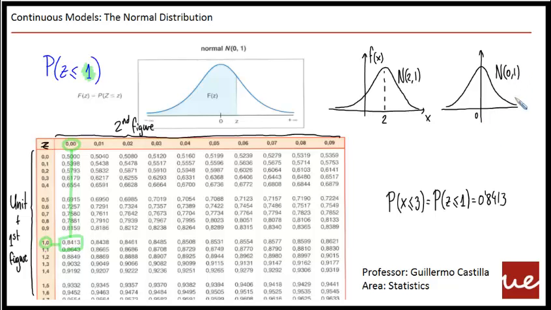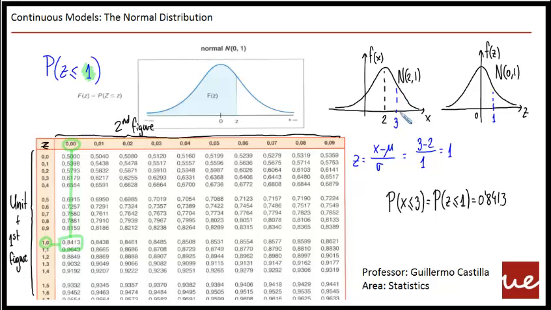Here we go, that's f of Z, and here goes Z. Now the probability of being smaller or equal than 3 would be here to the right of 2, and 3 minus 2 divided by 1, which is X minus mu divided by sigma, would be Z. So 3 minus 2 divided by 1 is 1. So we have 3 here on the X axis and 1 here on the Z axis.